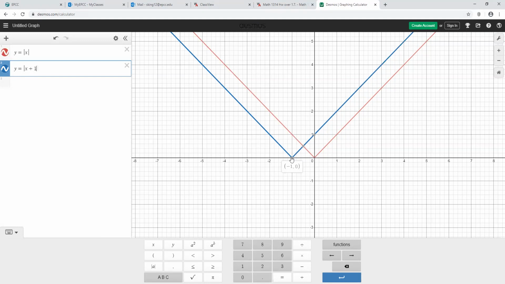It hasn't changed its form or its rigidity. If you go 1 to the right from this vertex point and go up 1, you're right back on top of the graph, just like the red one did. If you go 1 to the left from the vertex and you go 1 up, you're right back on the graph. If you go 2 units left and then move up 2, you're right back on the graph.